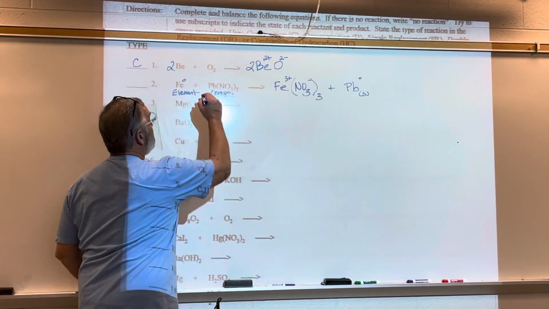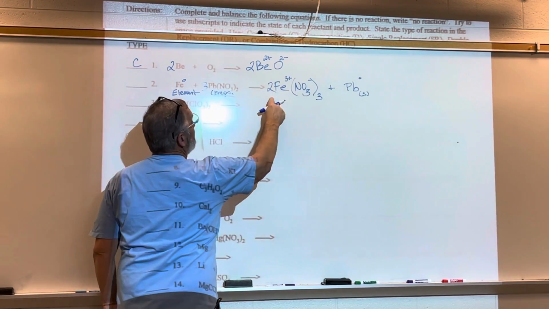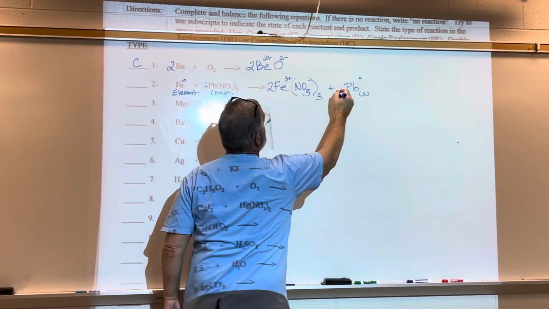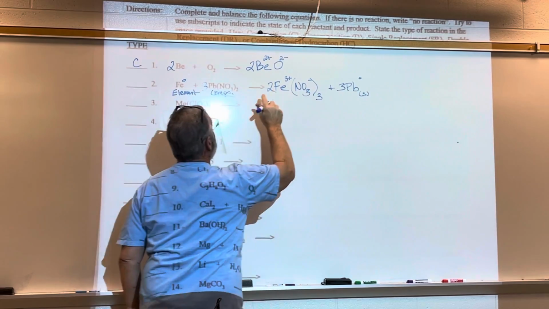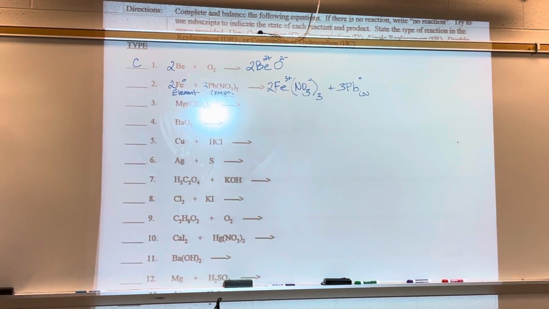So I need to put a 3 here and a 2 there. That gives me 3 Pb, so I need 3 Pb, but it gives me 2 Fe. If you use the 2 for iron, you don't have any coefficients. We could have used 2. Yeah, 2 is a possibility, so that would have been 100% right.